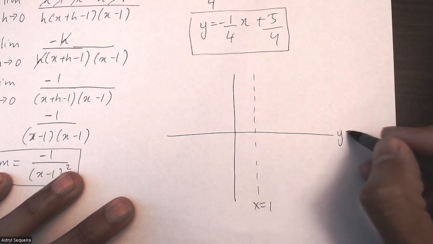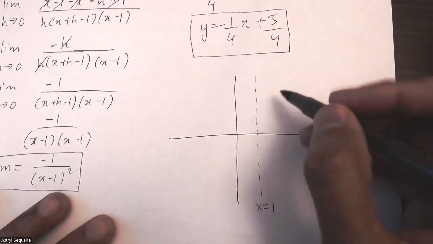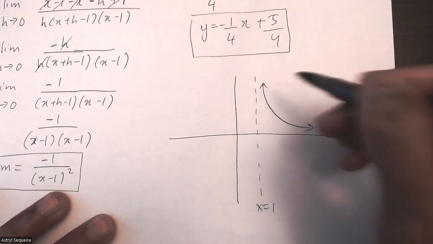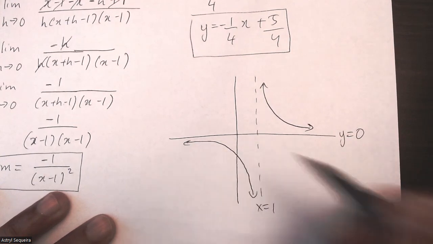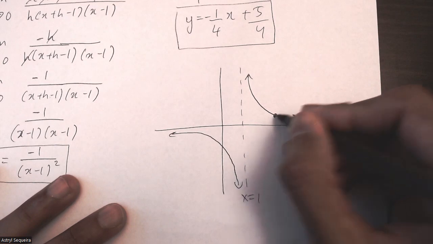My horizontal asymptote stays at 0 because there's no transformation up or down. And there are no reflections. So my graph is in the two original quadrants like that. Now there's this point on the graph, 3 and 1/2. That's somewhere approximately over here.